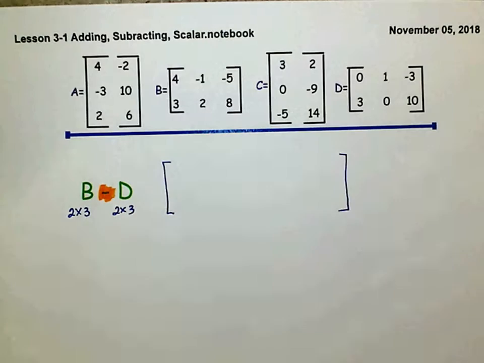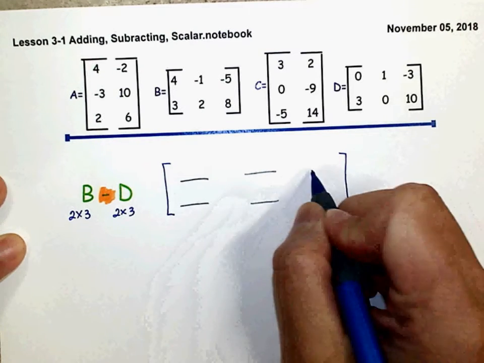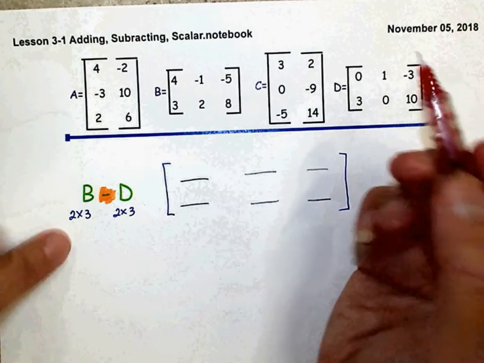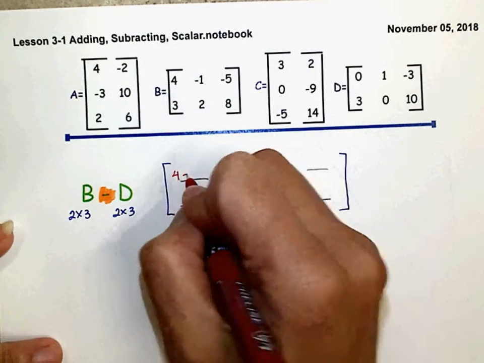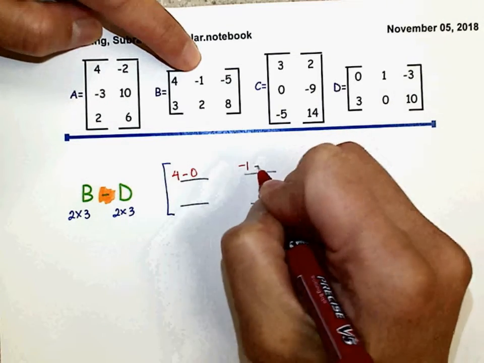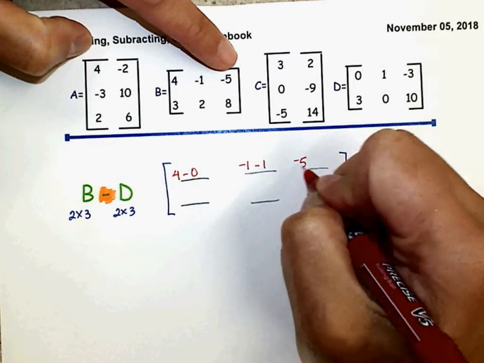So I'm going to go ahead and do 2 rows, 3 columns. Okay? I like to draw them out because it really helps me put them together. Here we go. B, 4 minus D, 0. Negative 1 minus D, 1. Negative 5 minus negative 3.